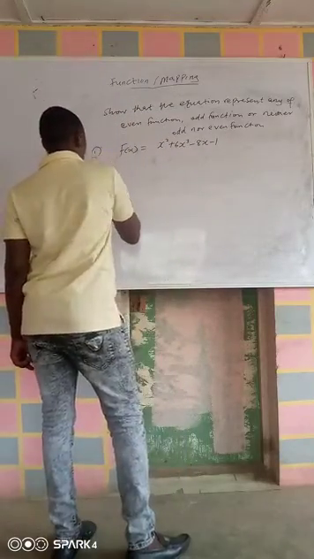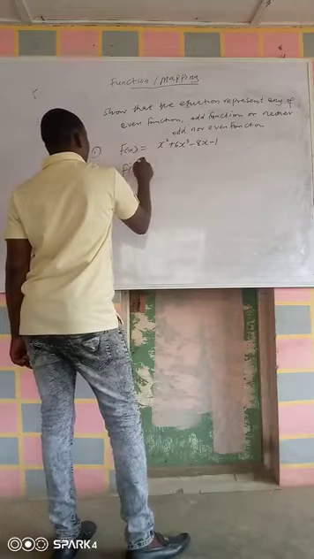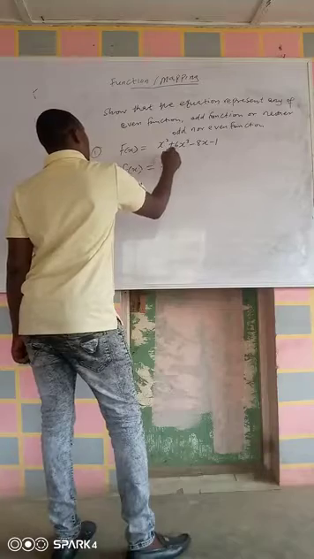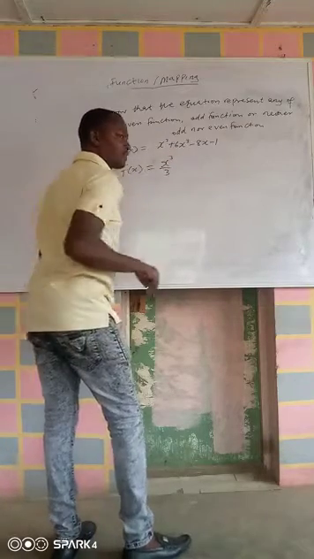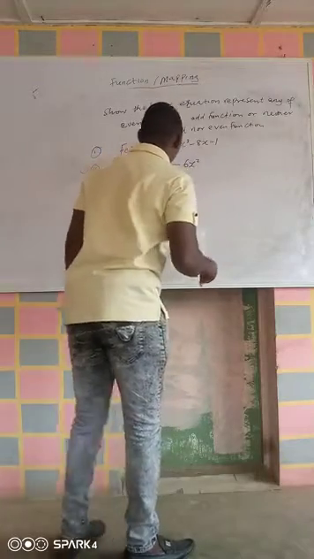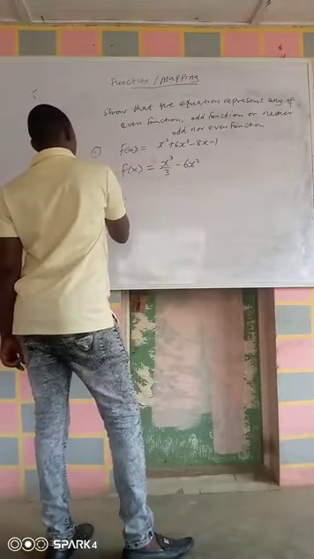Two: f of s equals s cubed over 3 minus 6s squared over 3.